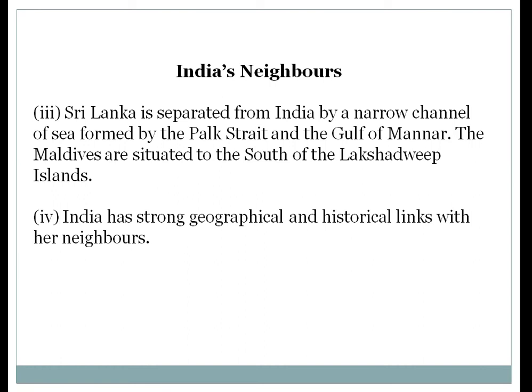Then next, we are talking about the connection between the two countries, and India has a strong geographical and historical link with the neighboring countries. After discussing all, soon we will discuss the questions and answers of this chapter.